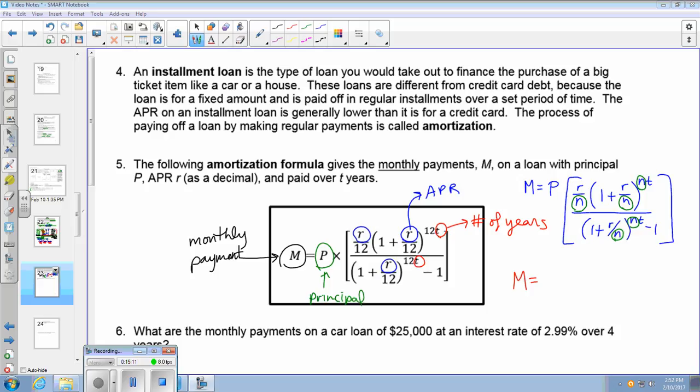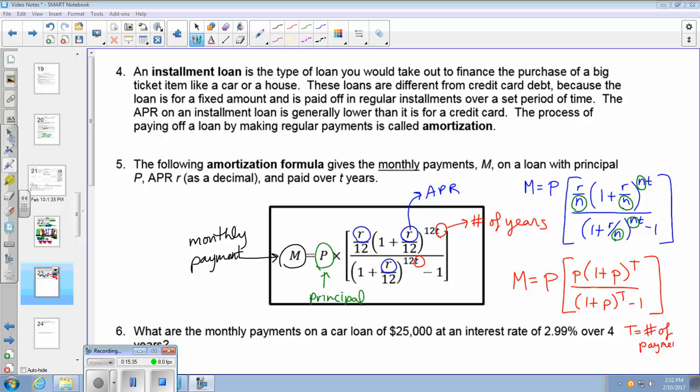We're going to focus on the one in the box, but I do want to give you these other options in case you've seen them before. That lowercase p we've seen before. Okay, in this case, t is your number of payments.